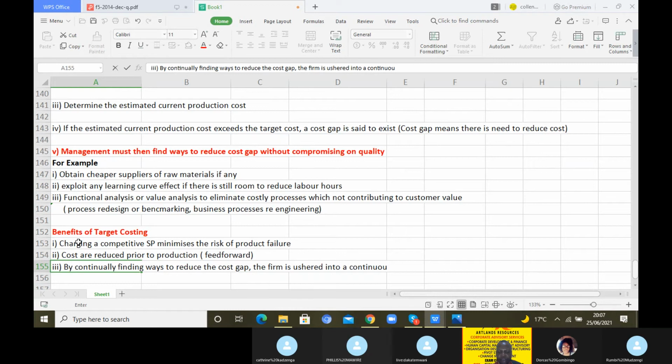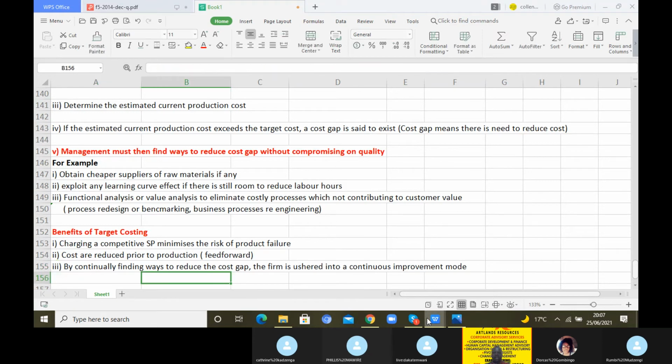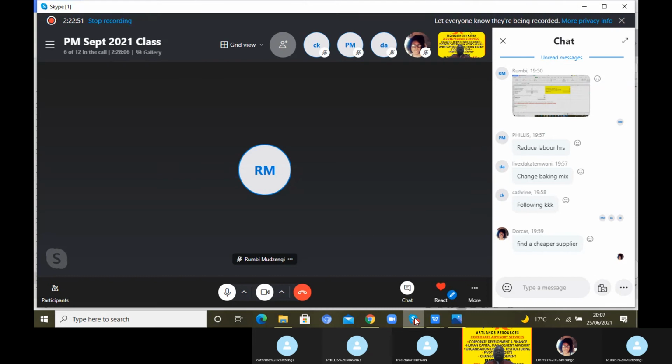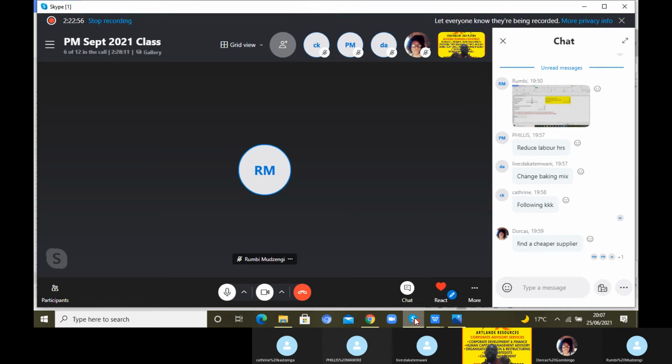This one is a very good point, because if you are compelled to reduce the cost gap. Now Docker said I have $90, and we said target cost is now 54. Katie comes and says I've got 85, so target cost is even lower than 54. So are you not seeing that with target costing you are always being compelled to reduce the cost gap? So in so doing, you are being ushered into continuous improvement mode.